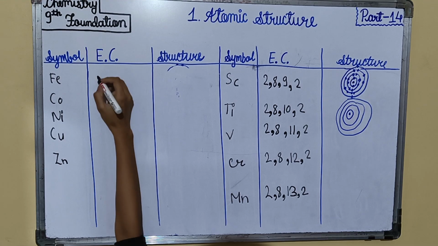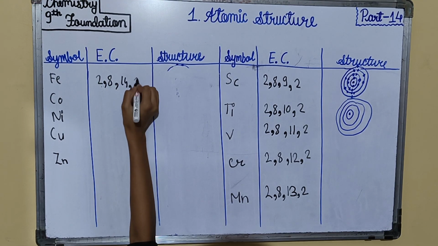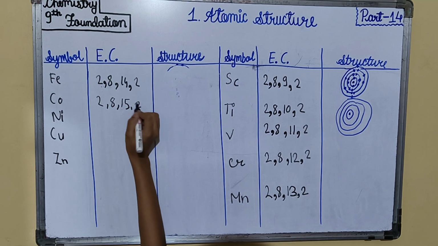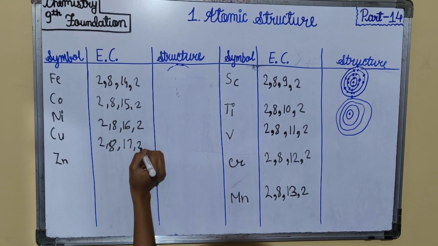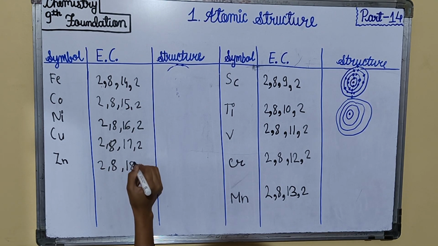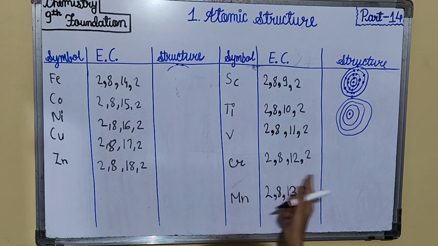Electronic configuration is 2, 8, 14, 2. 2, 8, 15, 2. 2, 8, 16, 2. 2, 8, 17, 2. 2, 8, 18, 2.